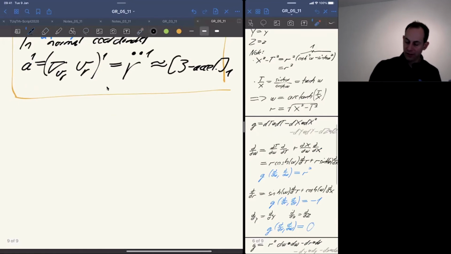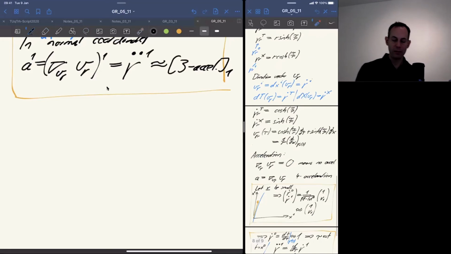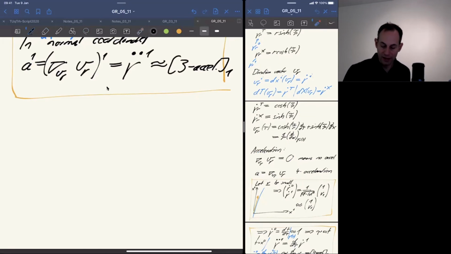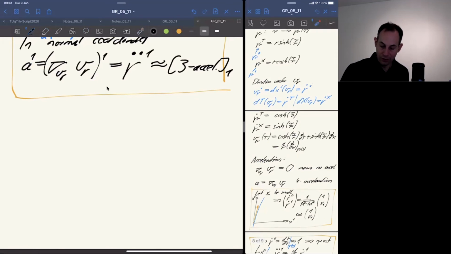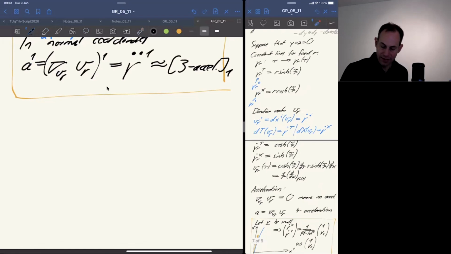And the answer is very easy to get as long as we work in Minkowski coordinates, because these are, in particular, normal coordinates. We have no Christoffel symbols and all that. We can just take the derivative again. So the second derivative will exactly correspond to the acceleration.